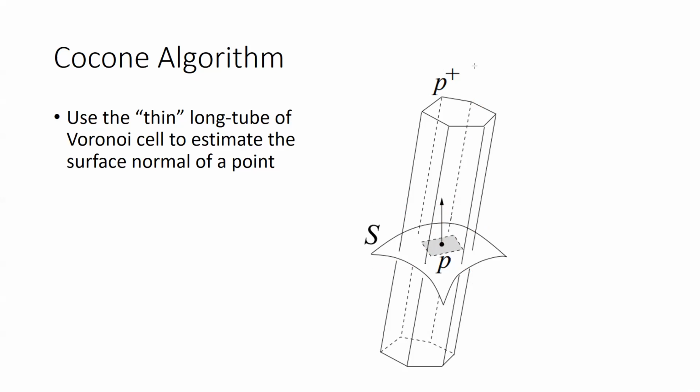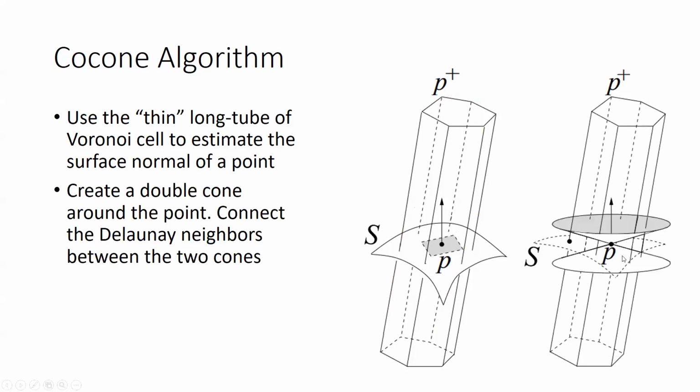So this is the basic algorithm for surface reconstruction without knowing the surface, in which your Voronoi cell should be able to tell you. This algorithm is called the Cocone algorithm. It's one of the very popular surface reconstruction algorithms that people use for scanning. The main thing is I just need to verify which is the longest side of this surface point, and try to connect it with my neighbors.